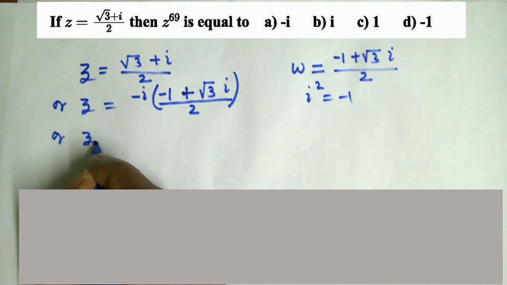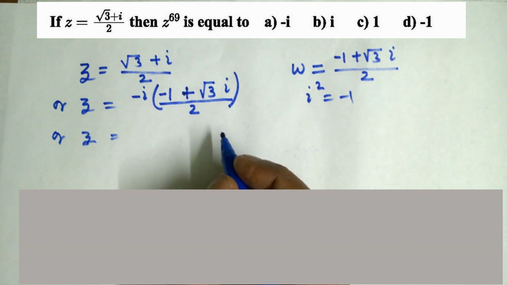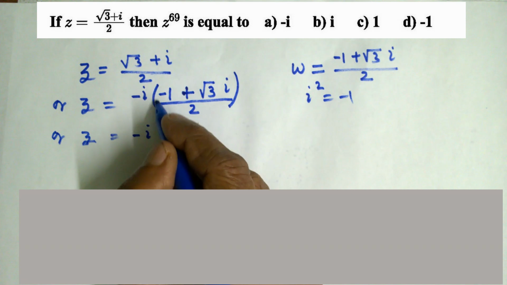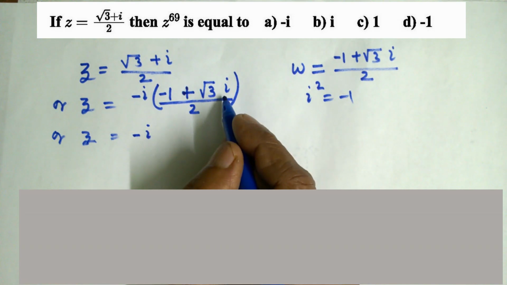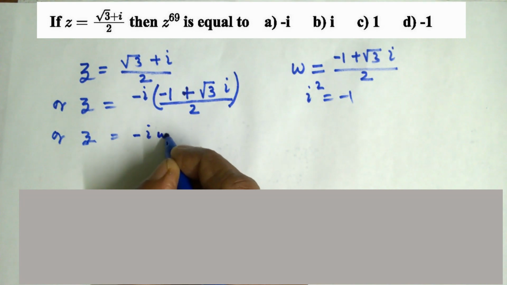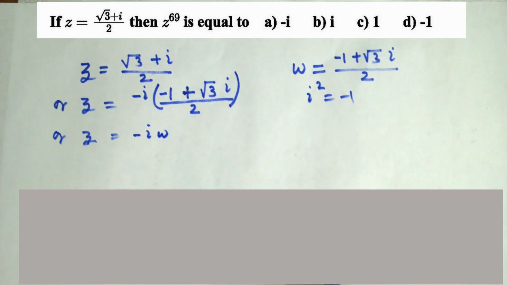Therefore z is equal to minus i times this value. Replace this value by omega, where omega is the cube root of unity.